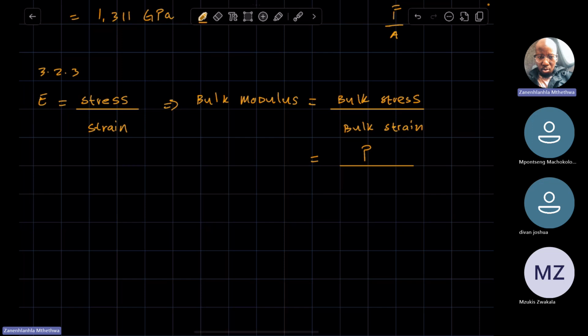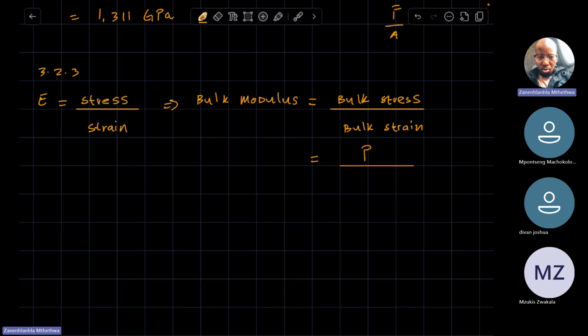Remember that's the linear strain when looking at the material from a linear perspective. We would then use the deformation divided by the original length. Whereas here, bulk modulus is more from a volumetric perspective.